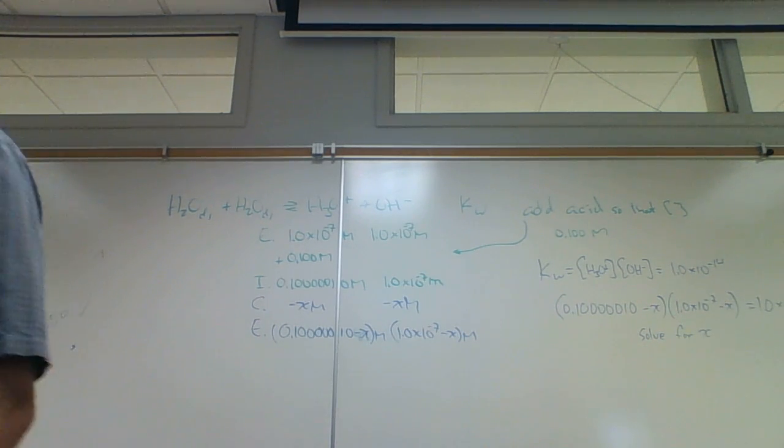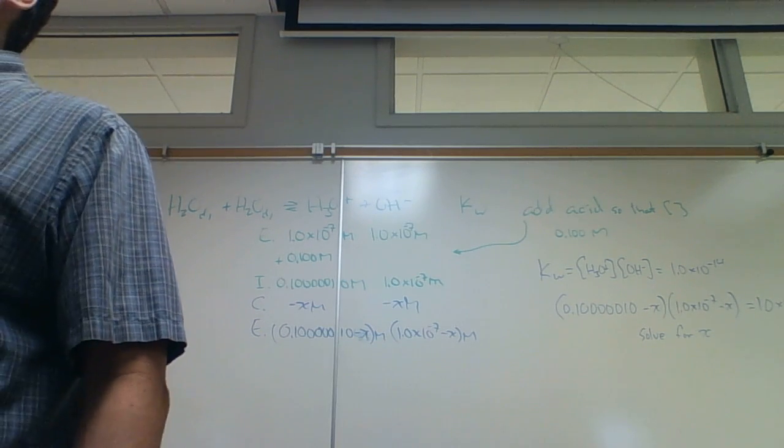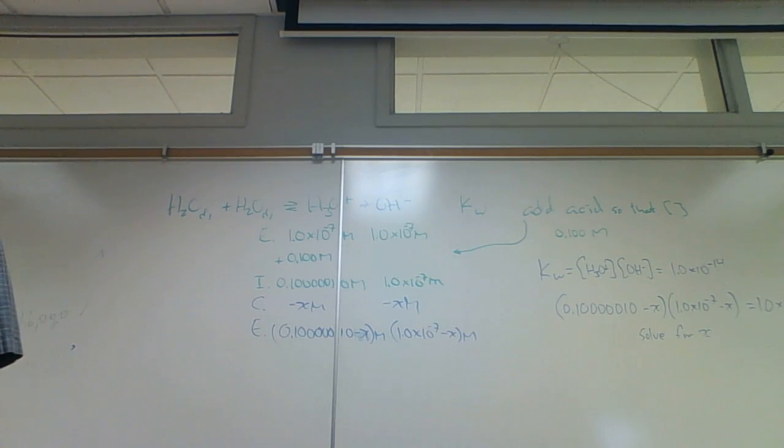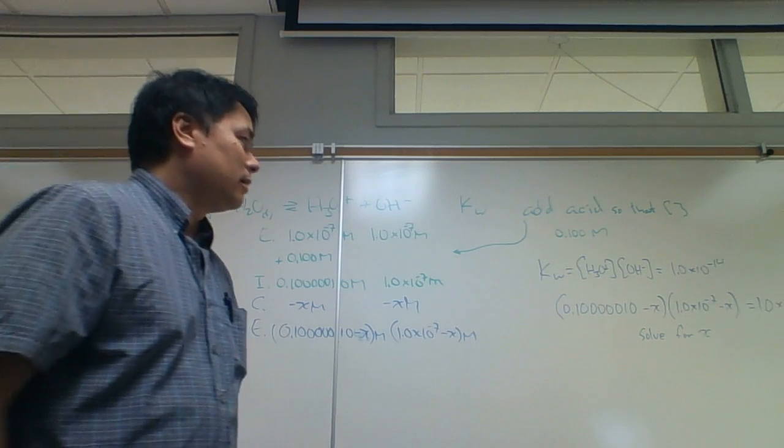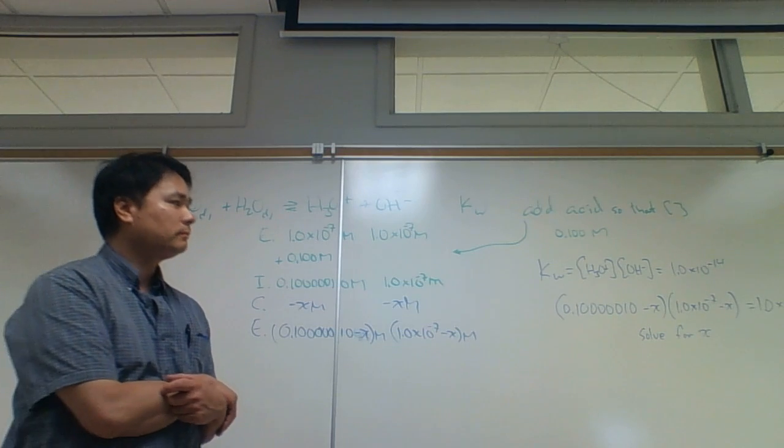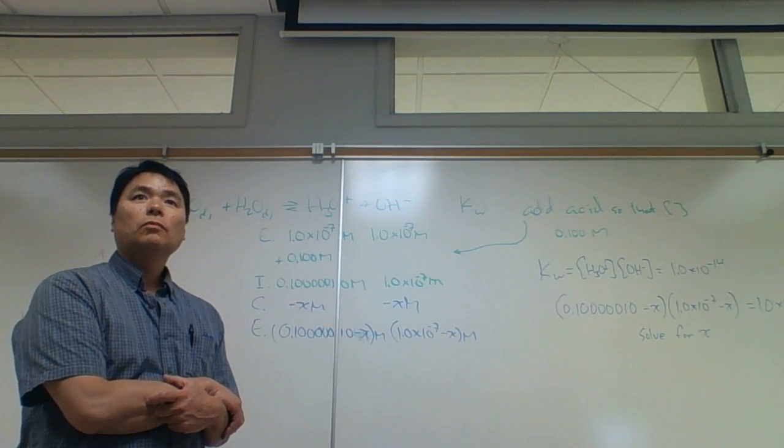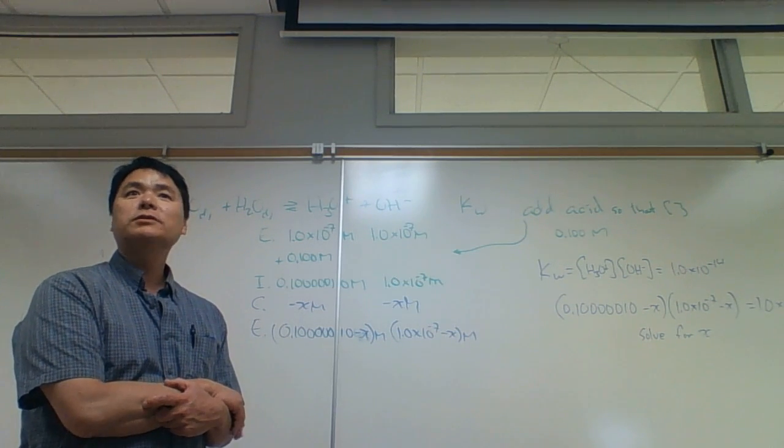I'm going to set a time limit because I don't want to burn too much time on just the quadratic. Just use your fancy calculator if you have one. Or would you use successive approximations?